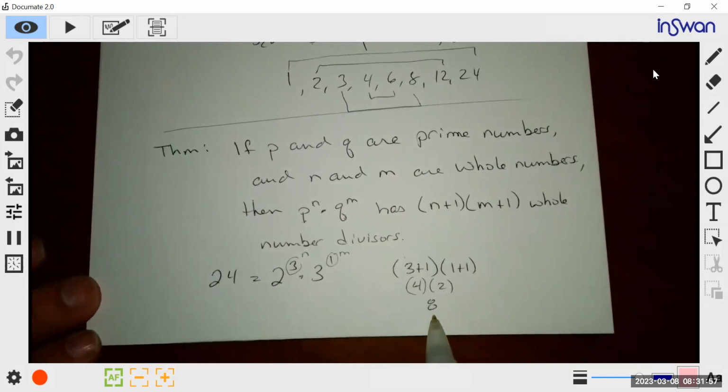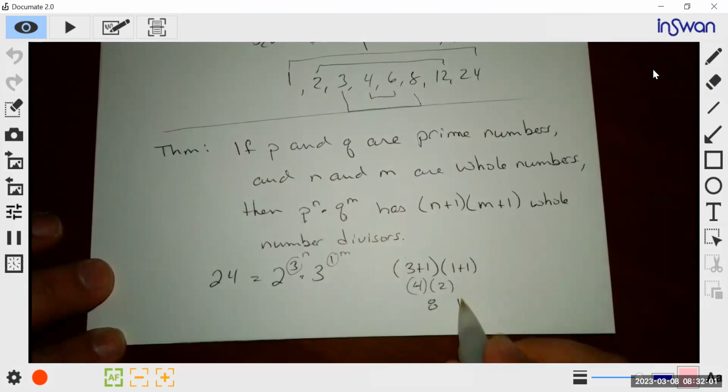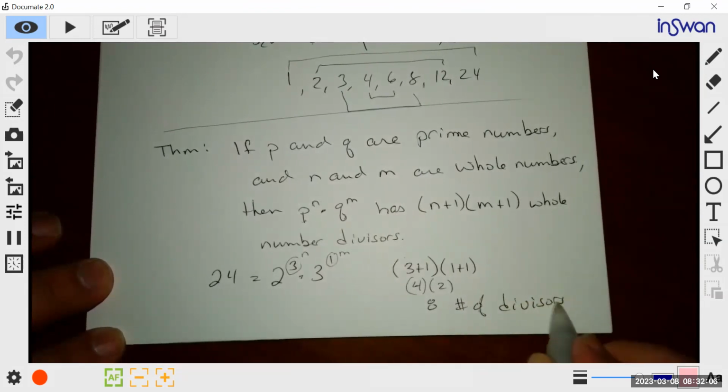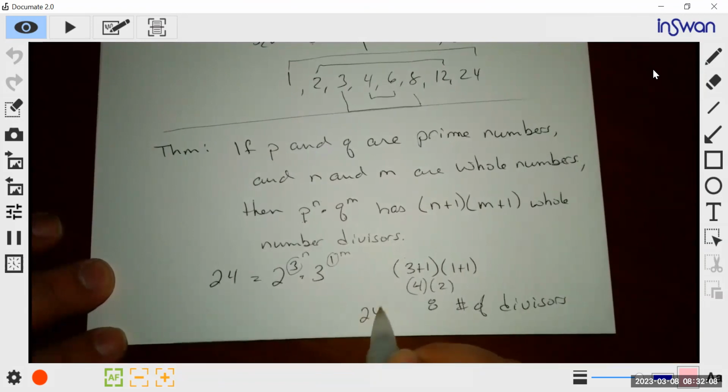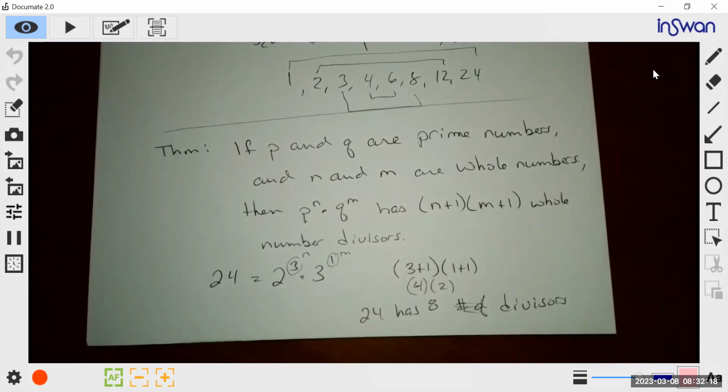What does this tell us? 8 number of divisors. Our 24 has 8 divisors. However we want to put that makes sense to you.